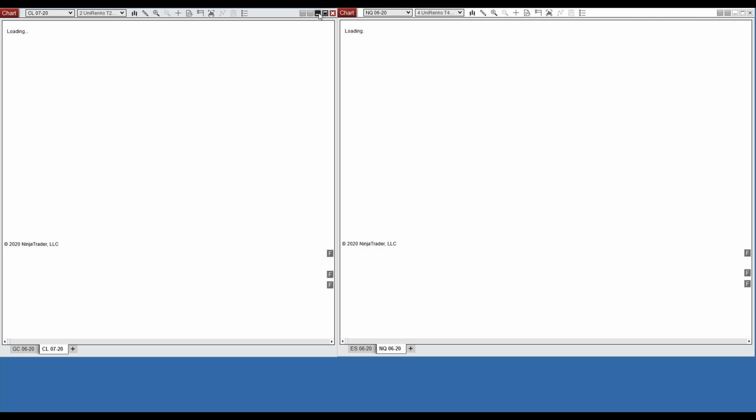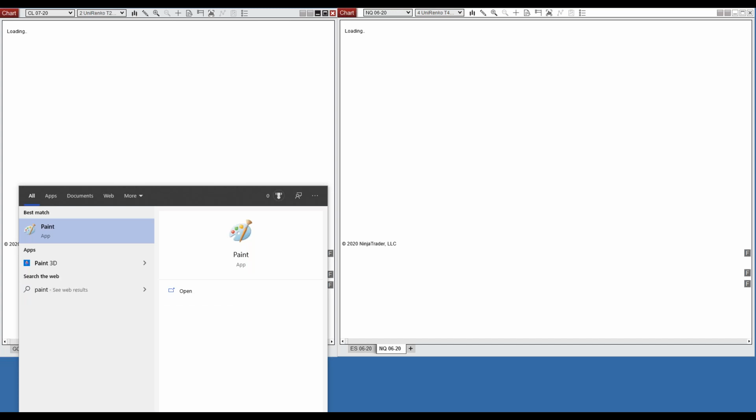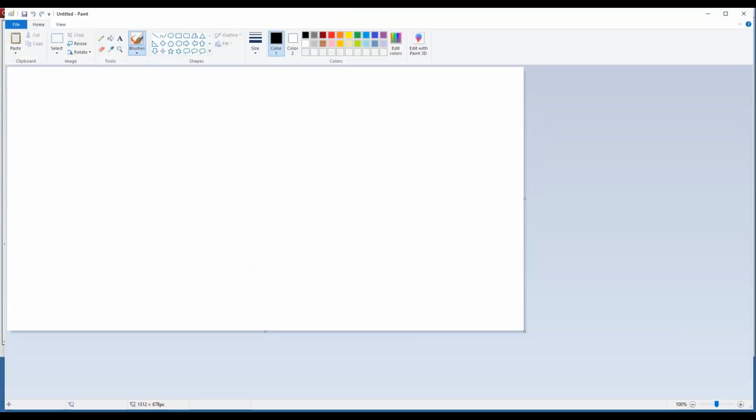But I want you to understand the basis by which we created them. They're all loading. I'm just going to give them an opportunity to load. And actually, I'm going to put Paint right over them. And that's what I want to show you.